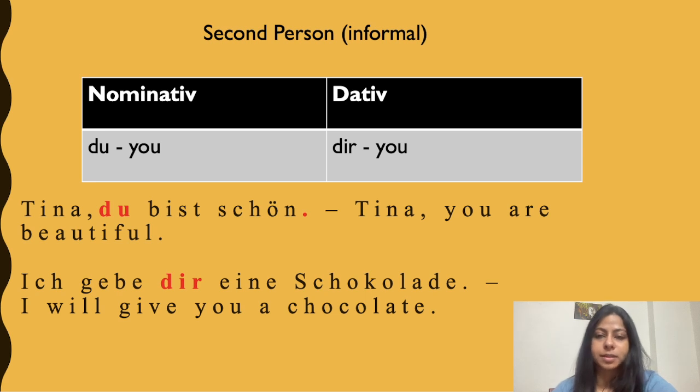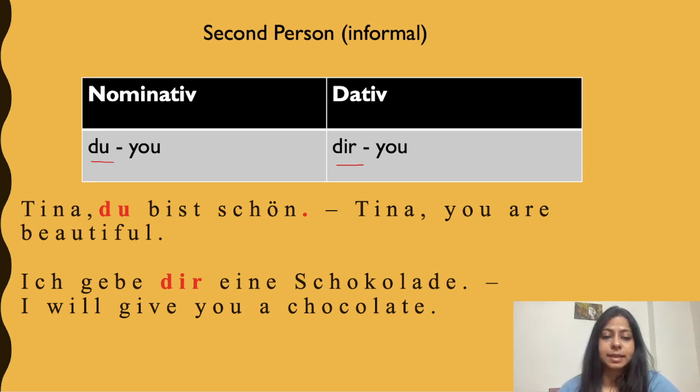Now let's look at second person informal. Du, which means you. The dative personal pronoun is dir. Okay, Tina, du bist schön. Tina, you are beautiful. Ich gebe dir eine Schokolade. I will give you a chocolate.